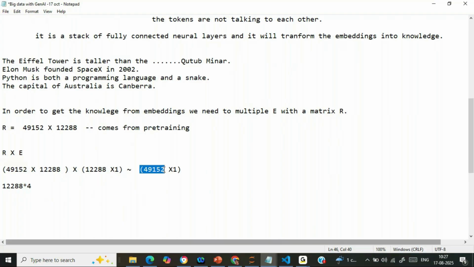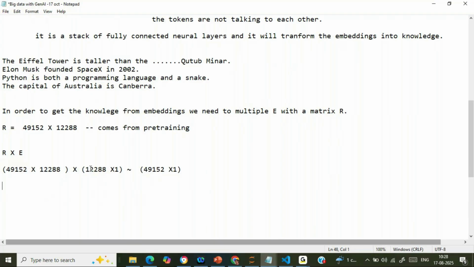It is almost 4 times, and this has been picked by the researchers. This will be the matrix size R, and it will come from the pre-training phase, and it will be multiplied by the token, and then we will get the matrix of 49152 cross 1.